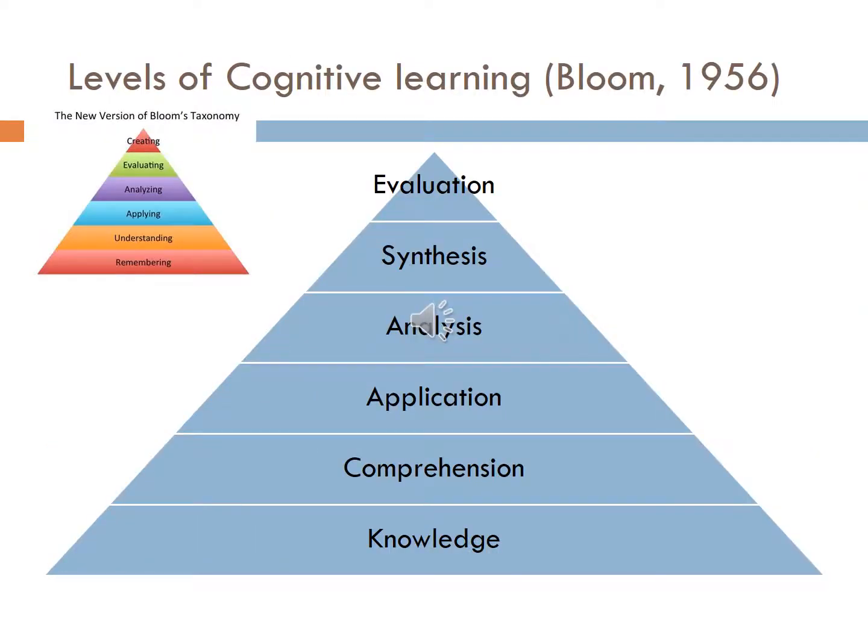Talking about the levels of cognitive learning in Bloom's taxonomy, it goes knowledge, comprehension, application, analysis, synthesis, and evaluation. I'm not sure if I already distributed the sheets that have verbs for each phase in the cognitive, psychomotor, and affective domains.